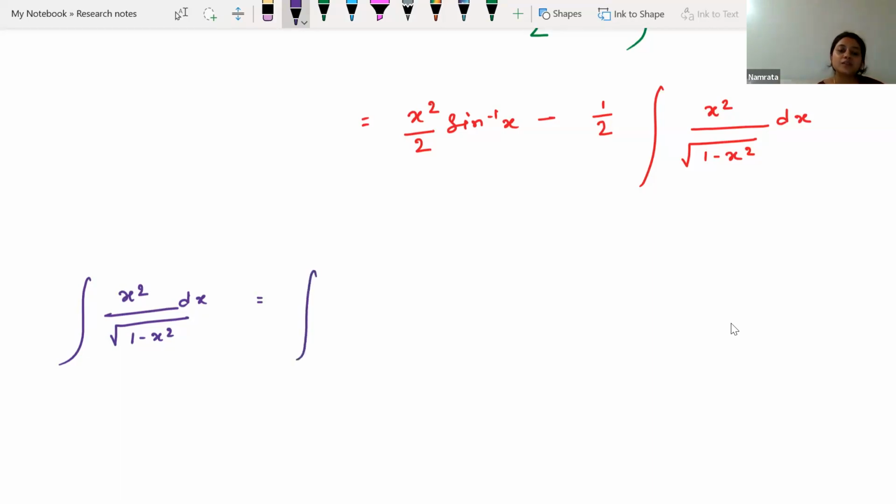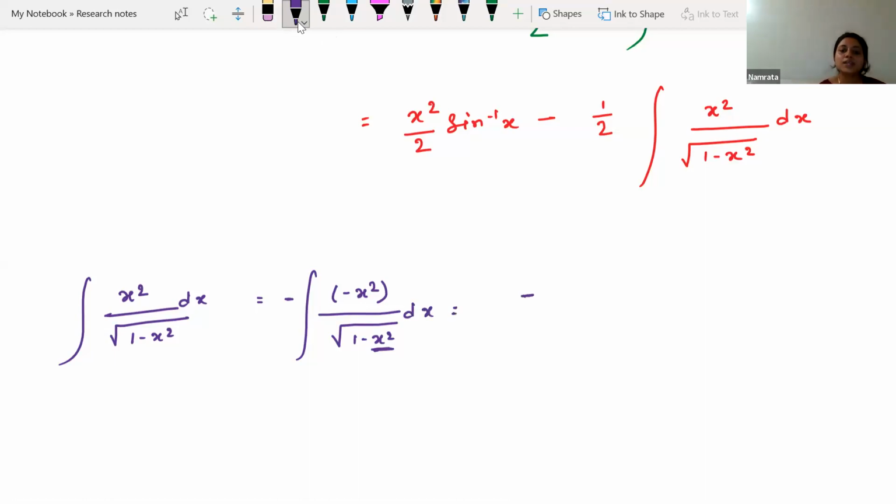So first let's make it minus x square to avoid the confusion. Minus outside I have written, and inside also I am writing x square. Why? Because in the denominator there is 1 minus x square, so in the numerator also I am trying to make minus x square. If I directly write 1 minus x square, it will be clear to a few students, and a few students will end up getting confused. That's why at first I am making it minus x square. Now I am going to make it 1 minus x square.